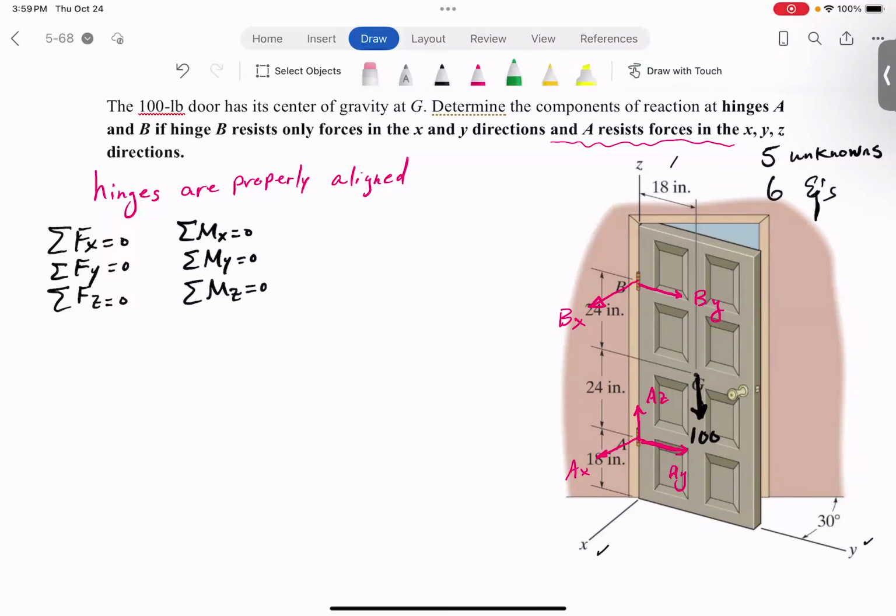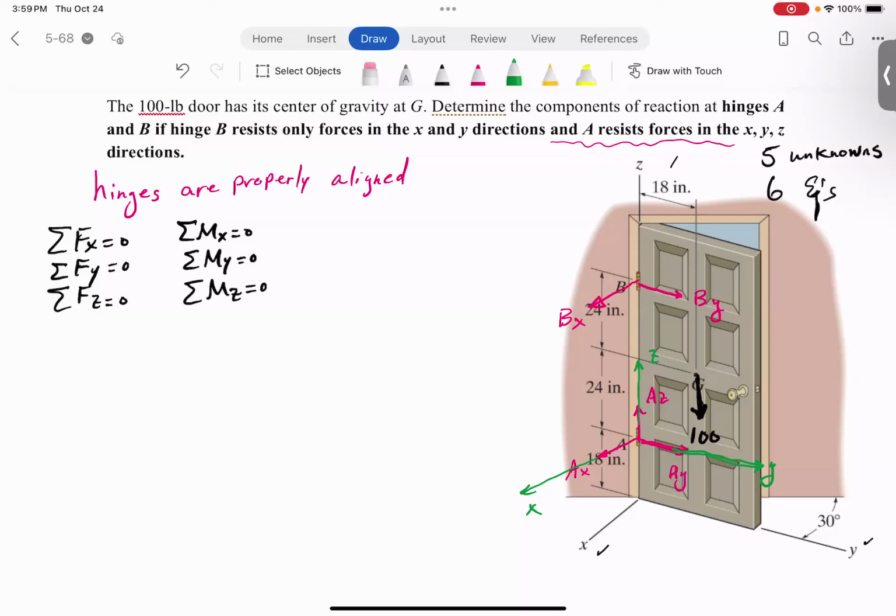No, you should move them to where it's more efficient. So I'm going to move my axes to point A. The reason being that point A has the maximum number of unknowns, and by taking moment about the different axes at A, Ax, Ay, Az clearly don't have any moment about that point.